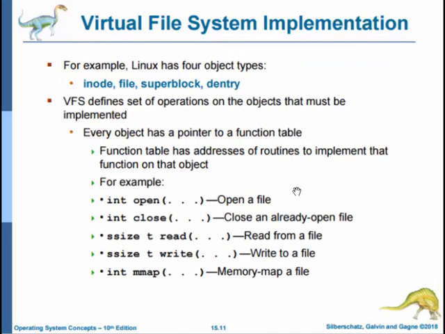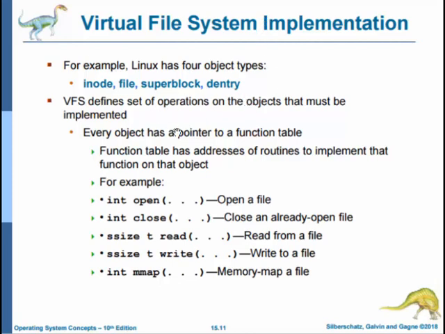Now there are four main object types defined by the Linux virtual file system. They are the inode object, which represents an individual file, the file object, which represents an open file, the superblock object, which represents an entire file system, and the dentry object, which represents an individual directory entry.